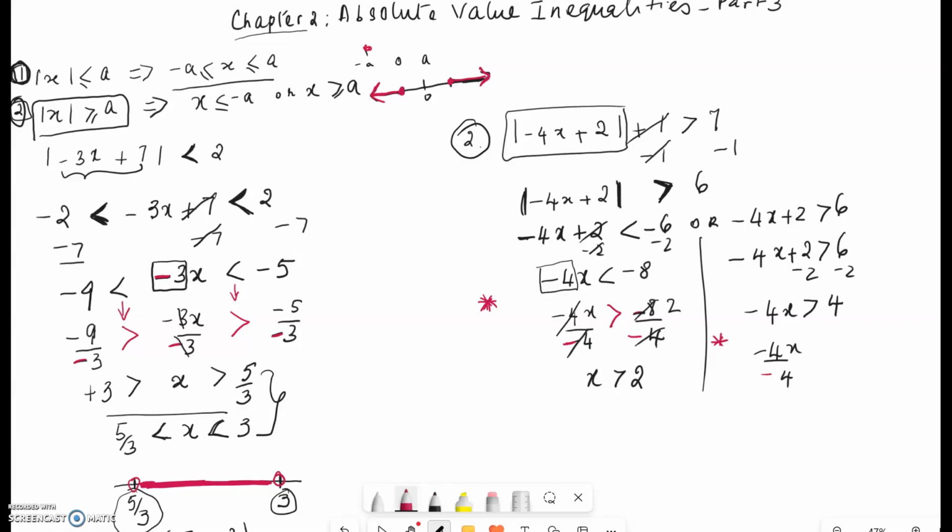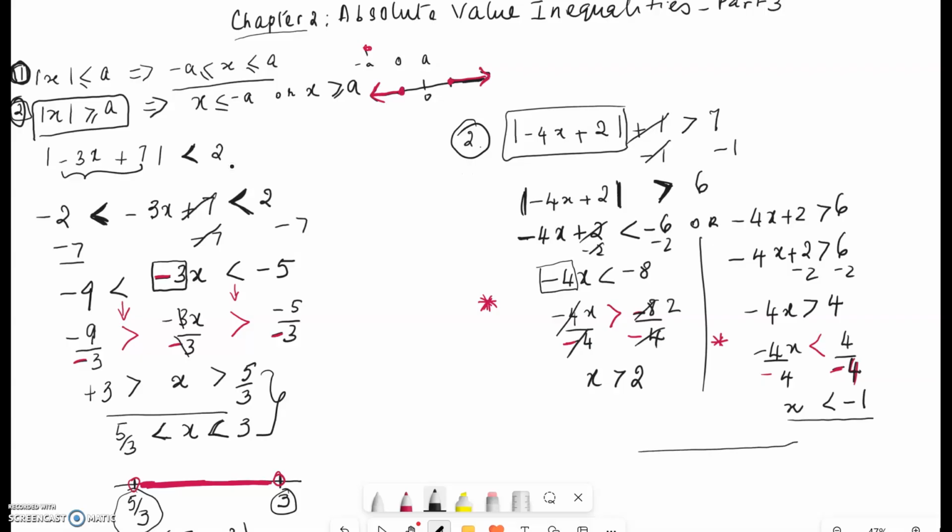The inequality gets flipped in the opposite direction. And we have 4 over negative 4. Remember that both sides we're going to divide by negative 4. So this becomes x less than negative 1.